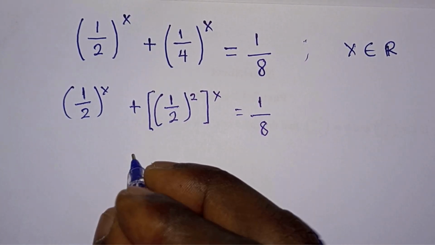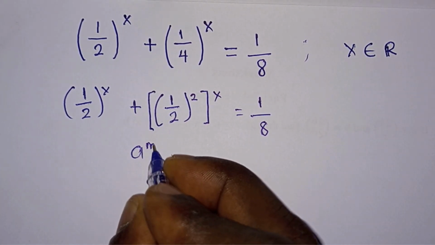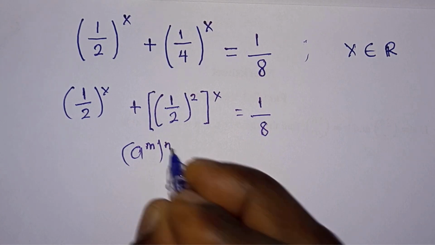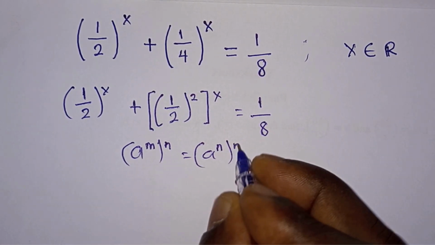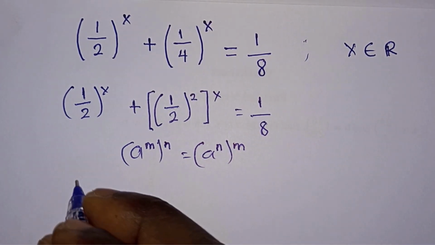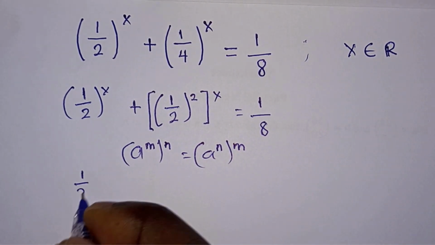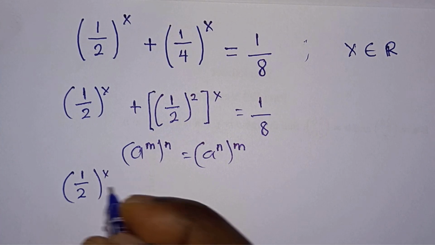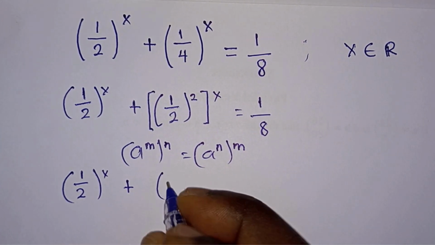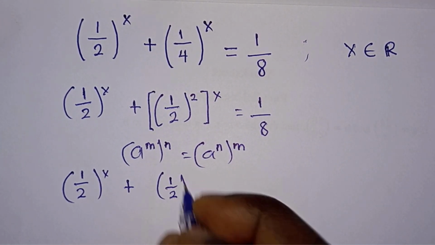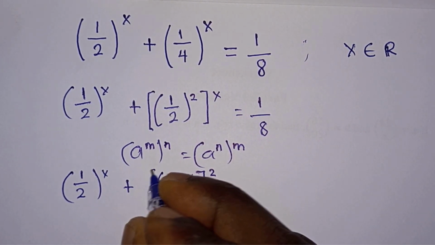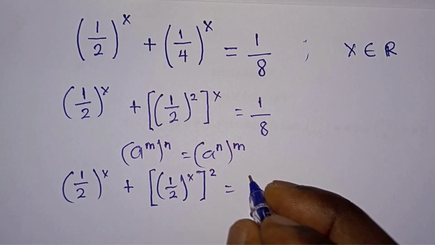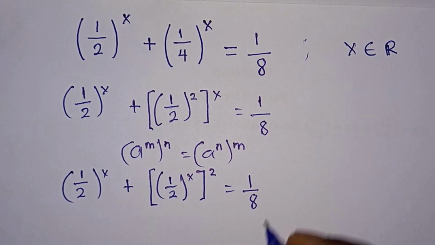Now let's use the power rule, which says that (a^m)^n is equal to (a^n)^m. So this becomes (1/2)^x plus ((1/2)^x)^2 is equal to 1/8.